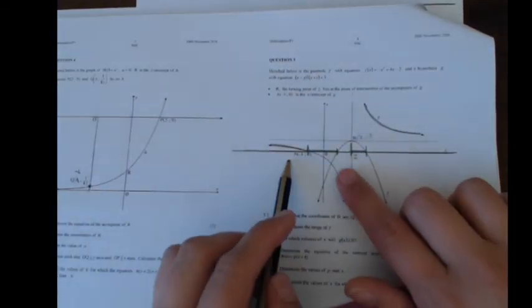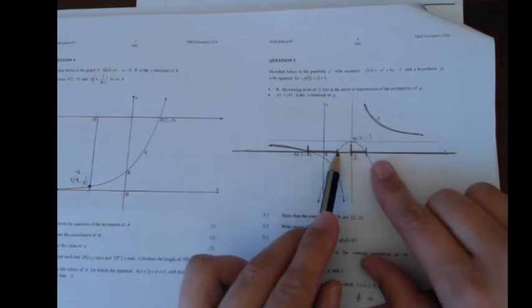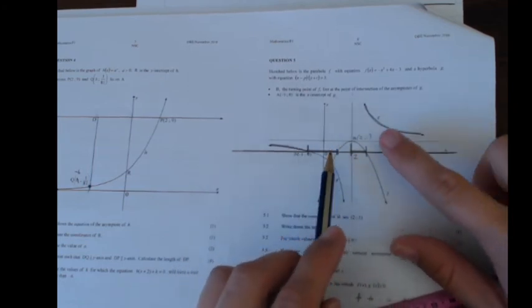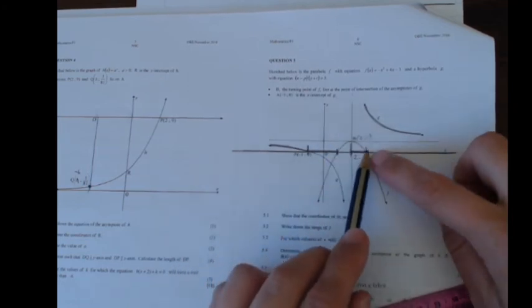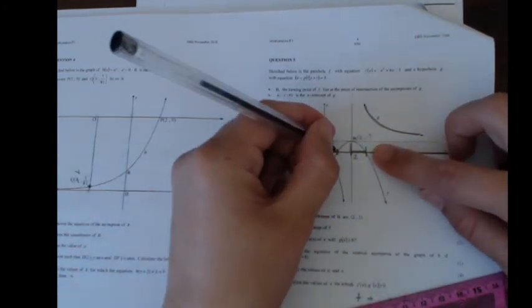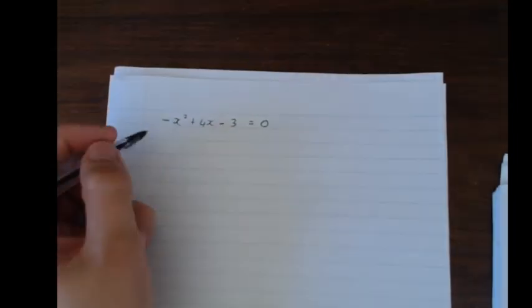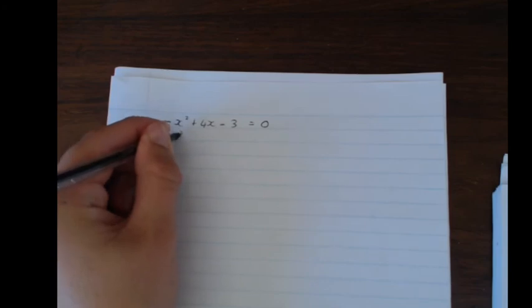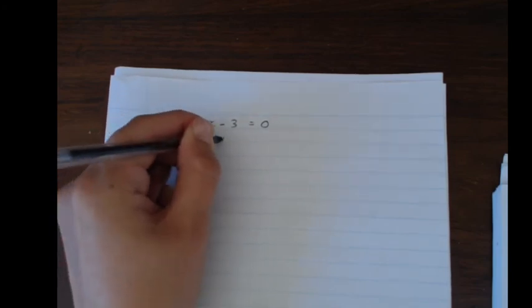Okay, so I'm looking at from the asymptote to that x-intercept, and then from 2 to that x-intercept. I need the two x-intercepts of the parabola to have those values there. Anyways, so I'm going to find the x-intercepts of the parabola. The parabola is minus x squared plus 4x minus 3. I'm going to make that equal to 0 and divide by a negative just to get it in standard form.